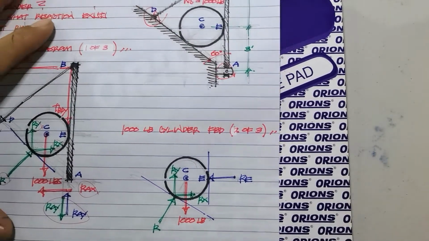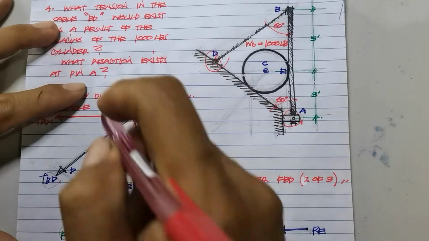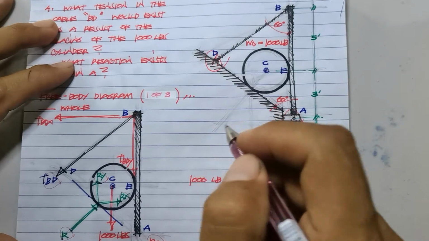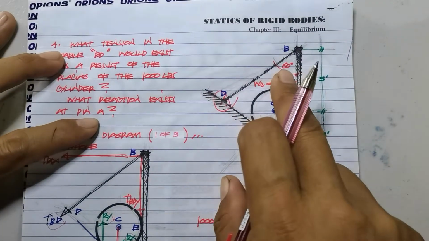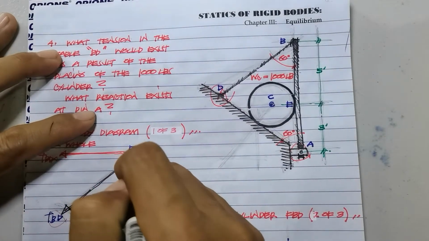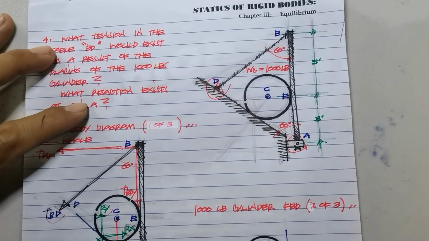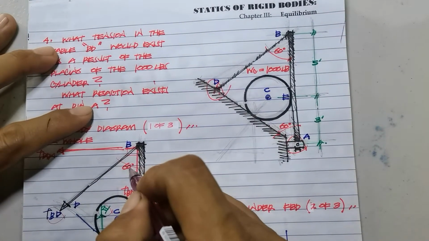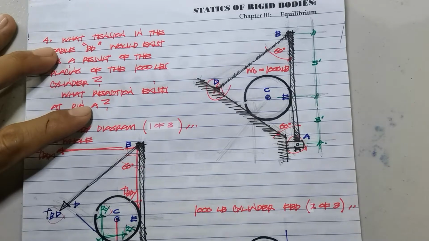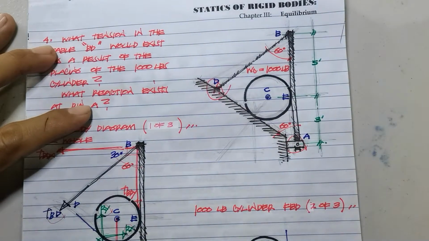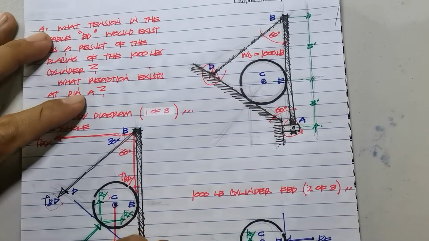Then, let's find the corresponding angles. The most important part here is the angle. So, let's check. If this is 60, this is also 60. Since this is technically an angle of 90 degrees, so 60, 90, that leaves 30 degrees here. Then, the angle here is 60 degrees.